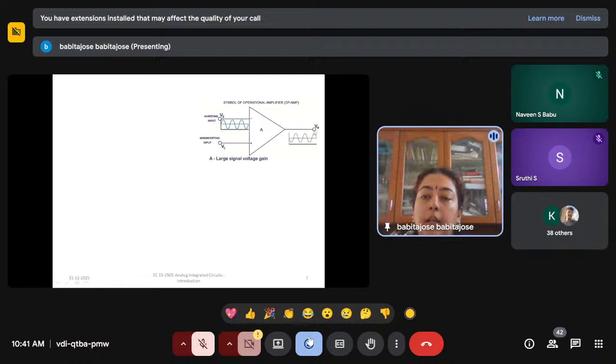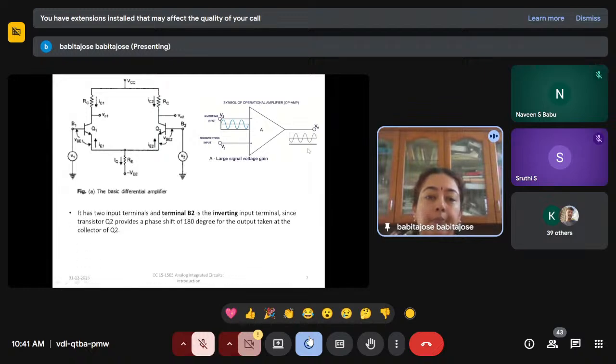So the output voltage is 180 degrees out of phase with respect to the input signal. So that is what is meant by inverting input. And A is called the large signal voltage gain. So this is the symbol of an op-amp. It has two input terminals, inverting and non-inverting inputs, V1 and V2, and one output terminal, that is V0.